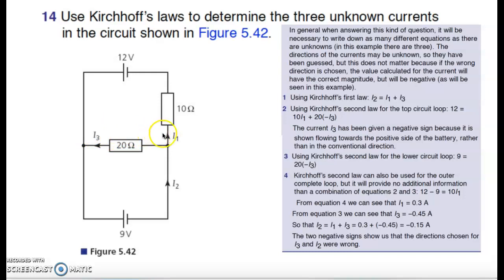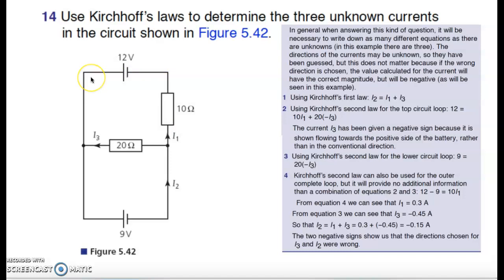And then here, as I'm moving up through here again, remember I have to consider just a single loop, right? Then it would be minus I3 times 20 plus I1 times 10. Let me say that again because I made a mistake.